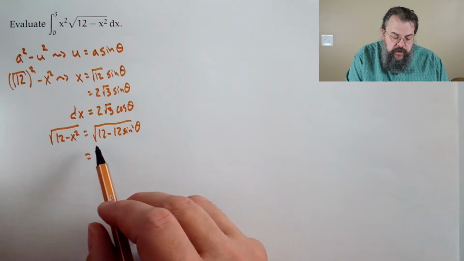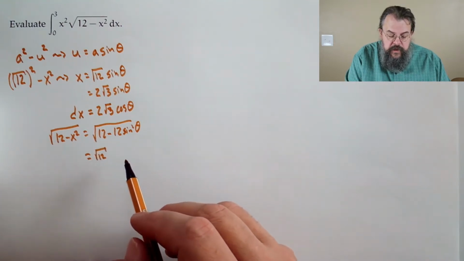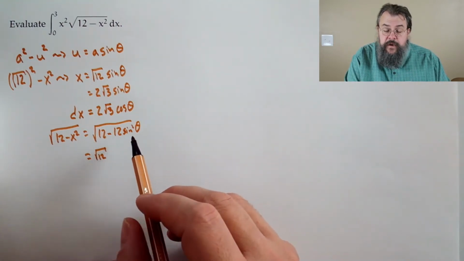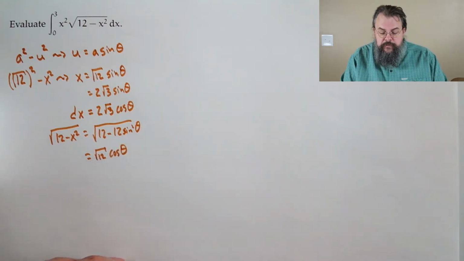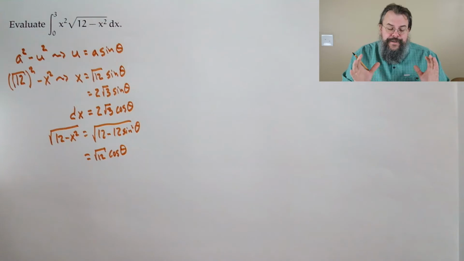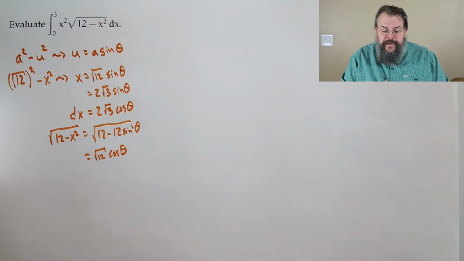Okay, well, look, you can pull out a square root of 12, and then you get 1 minus sine squared, cosine squared underneath the square root, which comes out as cosine. All right, so there's all of our pieces. We know how to update all of our pieces.